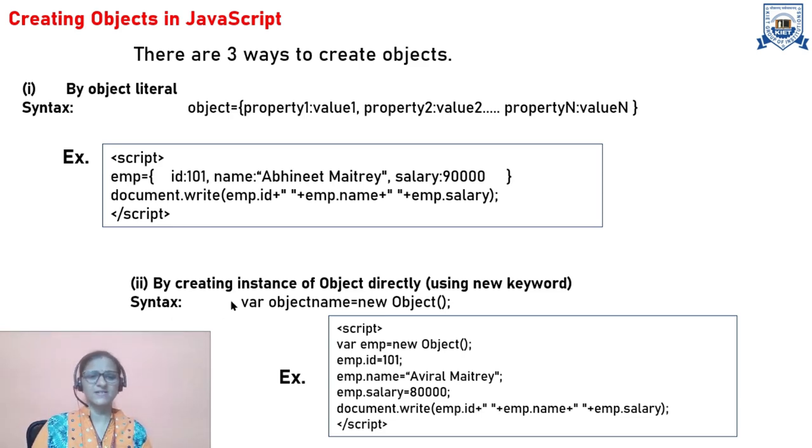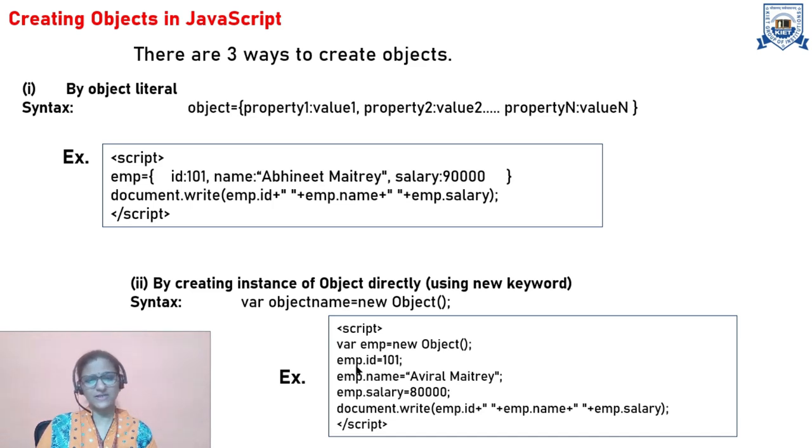Now the second one is by creating an instance of an object directly using the new keyword. The variable, object name, equal to new Object. Take an example where emp will be treated as an object, equal to new Object. Okay, it has got the properties of an object. Now, as it has all the features of an object, we can associate different properties with this object.